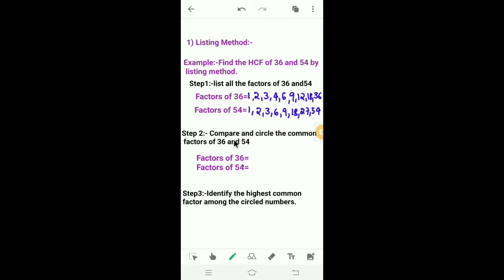In the next step, we have to compare and circle the common factors of 36 and 54. So factors of 36 are 1, 2, 3, 4, 6, 9, 12, 18 and 36. Factors of 54 are 1, 2, 3, 6, 9, 18, 27 and 54.